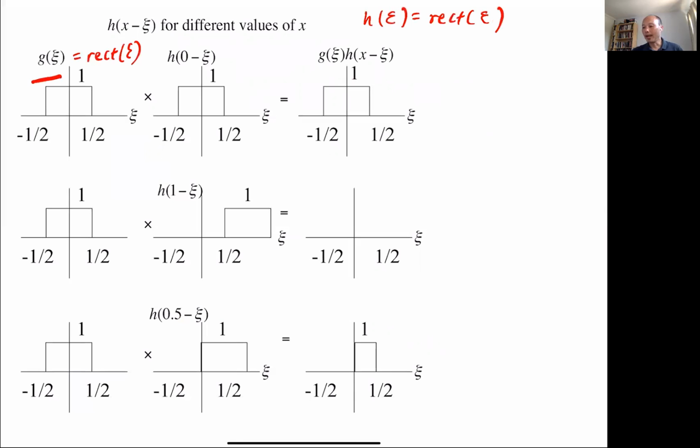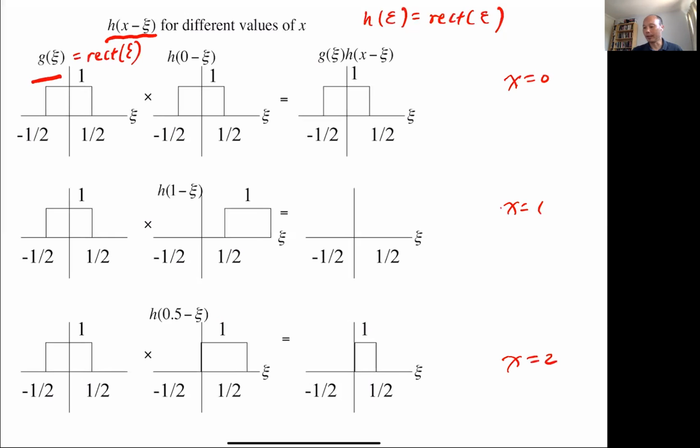And then what it's saying is I have to take that function, and x minus xi is that function flipped around the xi-axis, right? The way to think about this is to evaluate at x equals 0, x equals 1, x equals 2. Because remember, I have h of x minus xi.